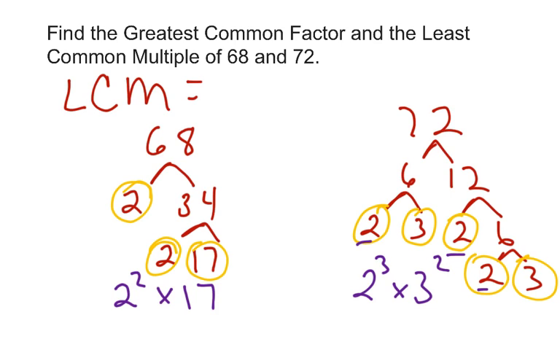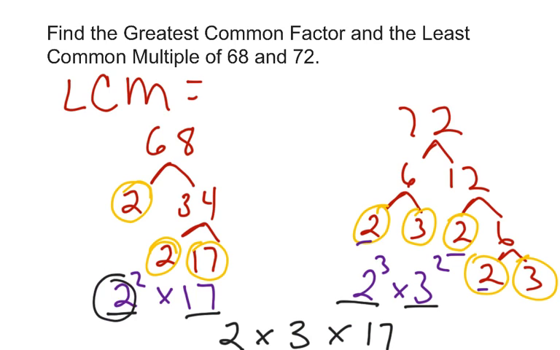Then I look at all the numbers, not necessarily the ones you have in common, but all the different numbers that you have. We have a 2, a 3, and a 17.